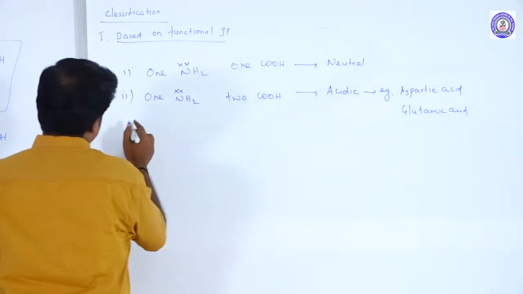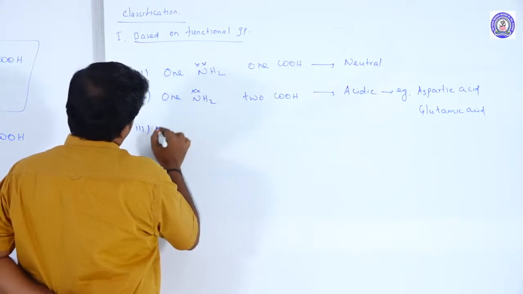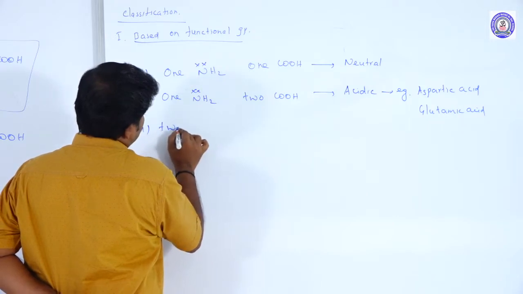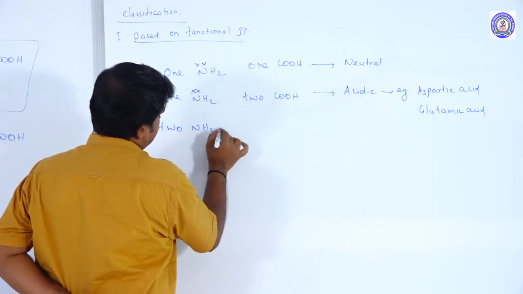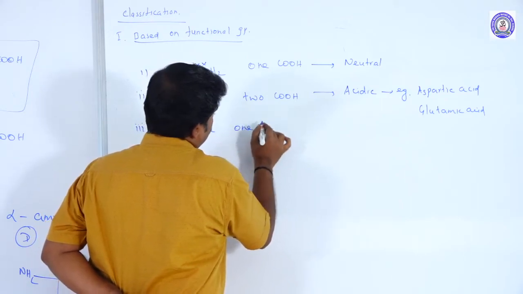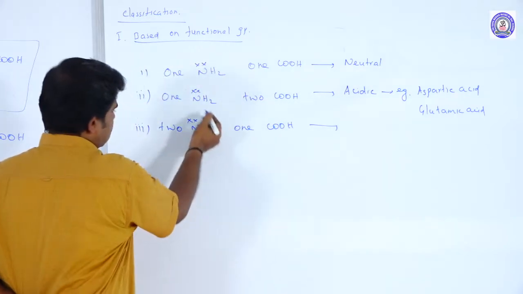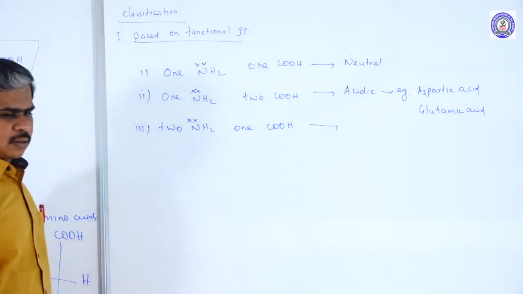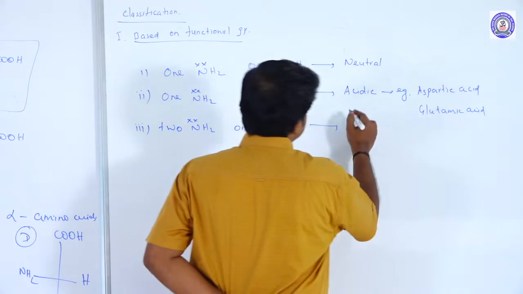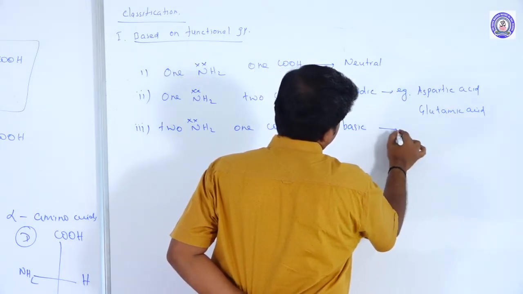Then the third one has two NH2 groups and one COOH group. So the basic groups are higher, so it is a basic amino acid.